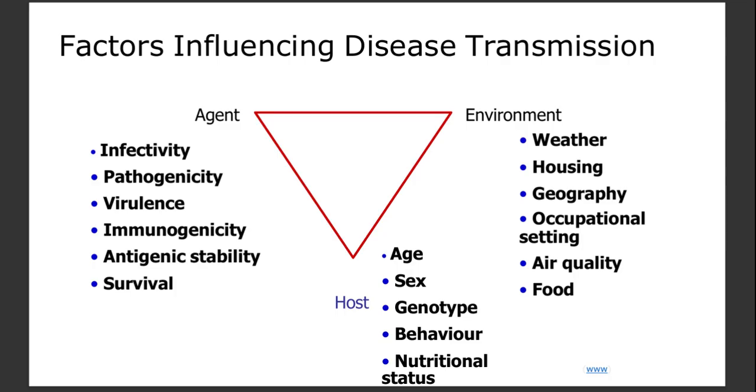So anyway, sex is a determinant. And then genotype. The genetic makeup also predisposes you to getting the disease more than another person. Also behavior. This might include the kind of interactions that you have.